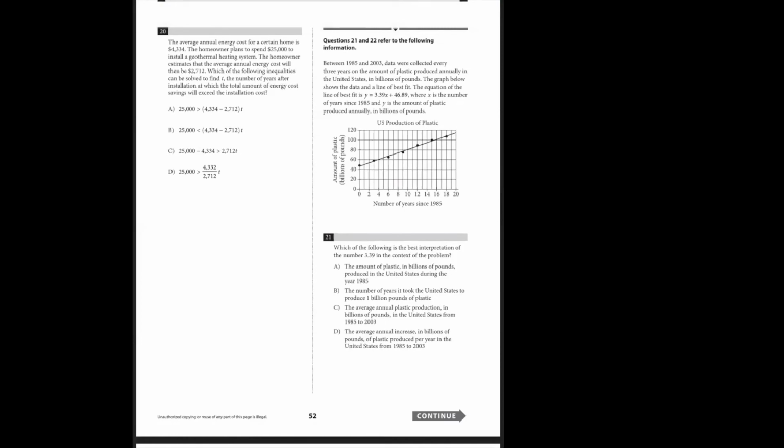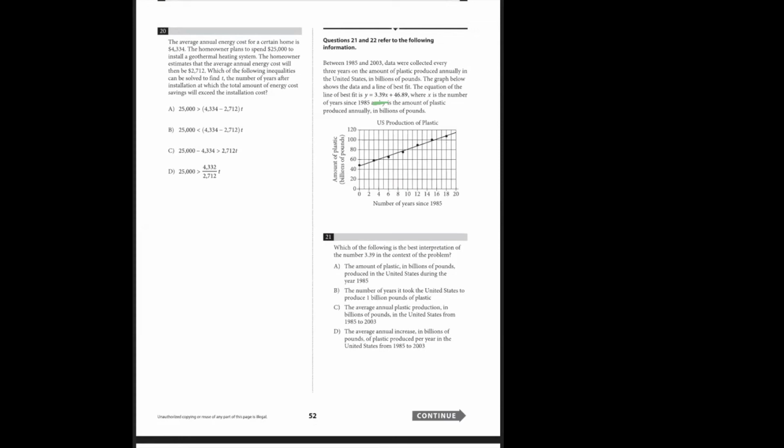Let's see. 3.39 is the slope. It's very clear. It's in slope-intercept form, so it's definitely the slope. And an interpretation of slope is whenever the x value increases by 1, the y increases by 3.39. So let's see which one says that reasoning.